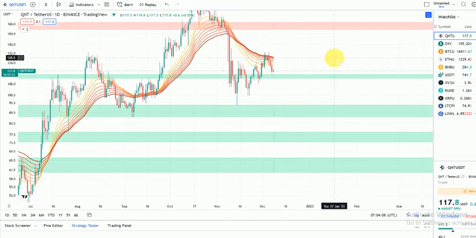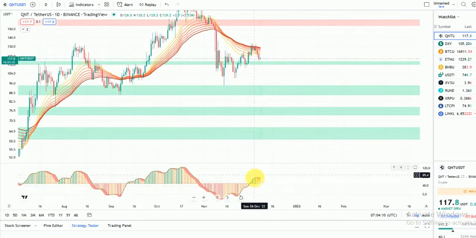If we bring up our indicators, as you can see, our indicators are still bearish. So we probably should expect further downside even for the price.